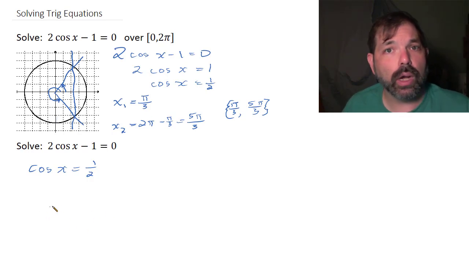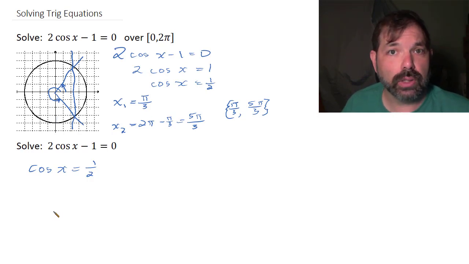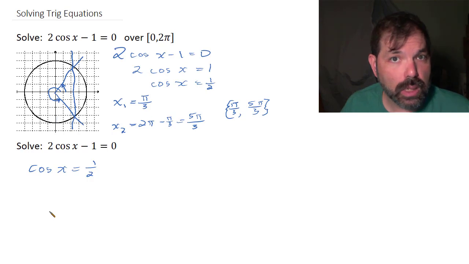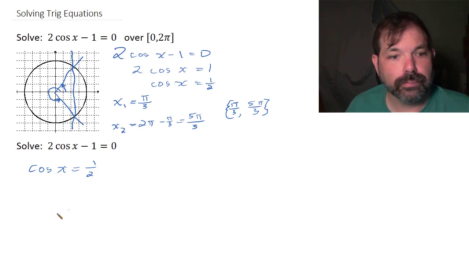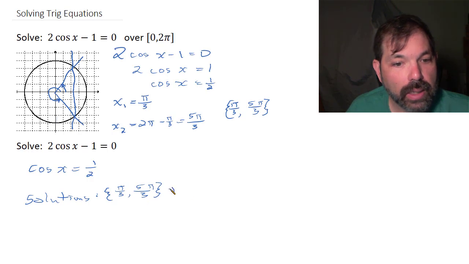And so if we remember that the cosine function has a period of 2 pi, then we'll have our two base solutions, but they'll repeat according to the period. So then our solutions are given by the fundamental solutions, pi over 3 and 5 pi over 3, and we can add any 2 pi times k, where k is an integer.